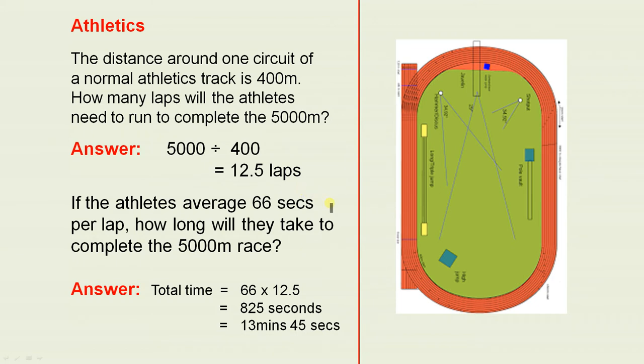If the athletes average 66 seconds per lap, how long will they take to complete the 5,000 metre race? Answer, the total time is 66 by 12.5, that's 66 seconds by 12.5 laps, which is 825 seconds, which is 13 minutes and 45 seconds to complete the race.